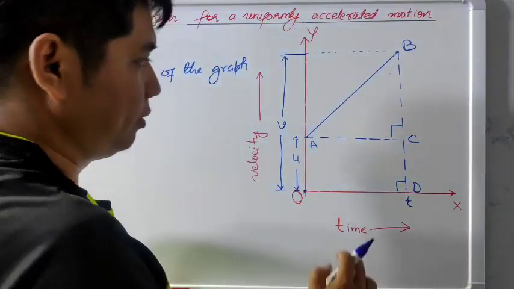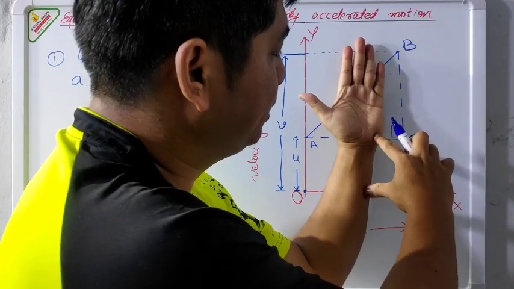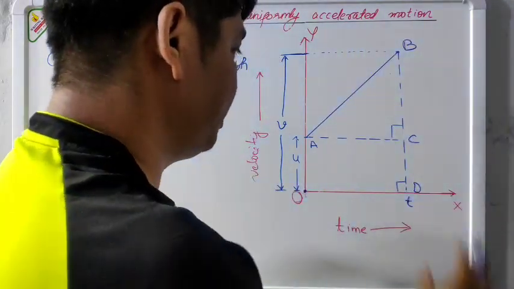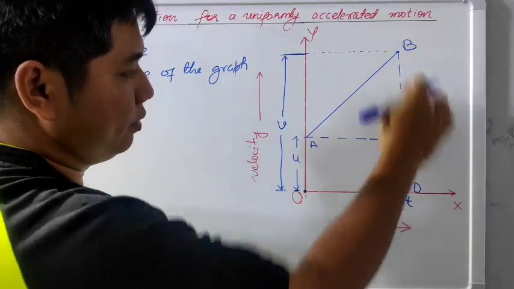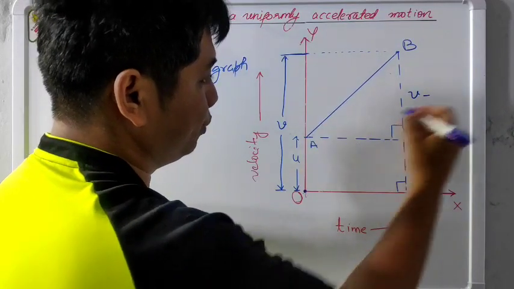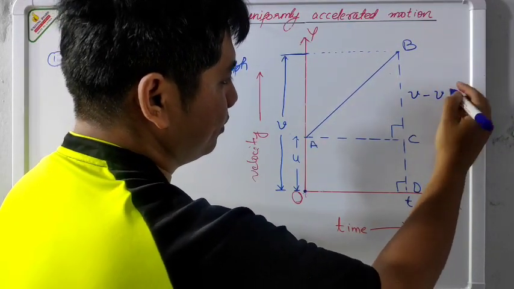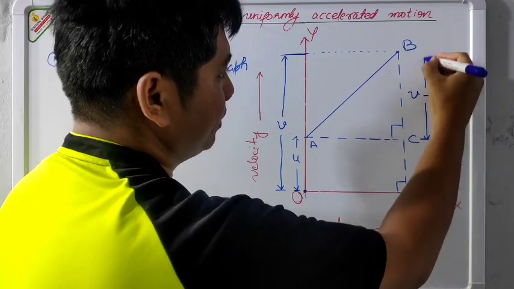BD minus CD. We'll get BC. It is v minus u. BD is v minus u. BC is equal to v minus u.